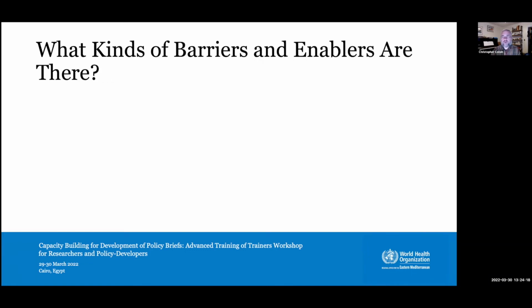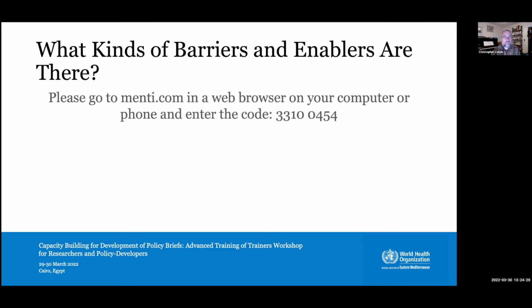So what kinds of barriers and enablers are there? I want to start off by seeing if we can have a little bit of interaction, but in a different way. If you could go on a web browser, either on your computer or your phone, but on a different screen, and go to menti.com, and put in the following code here.